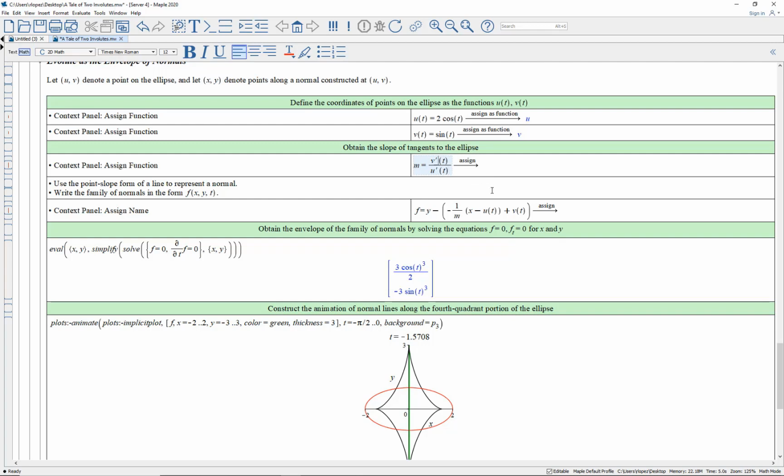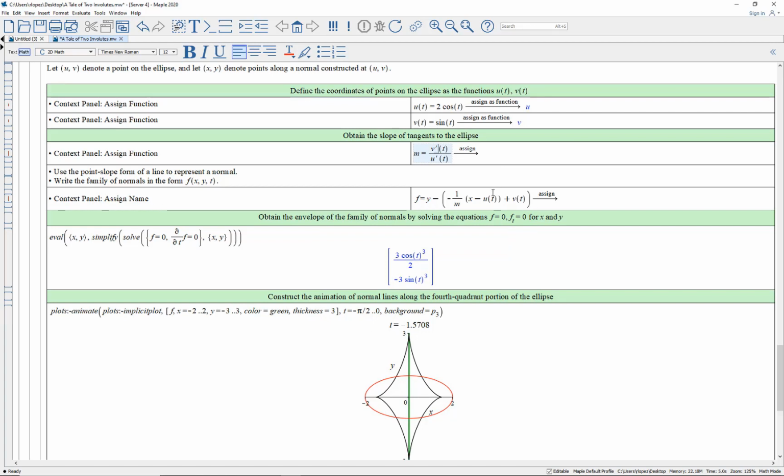Normal line. Okay, so I use point slope. The slope is the negative reciprocal of m. There's your slope. x minus the x coordinate of a point on the ellipse, plus the y coordinate of that point on the ellipse. Y equals, but I brought everything to the left side, so I have an expression that I can make into a function. And assign.